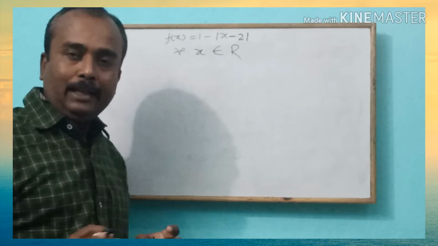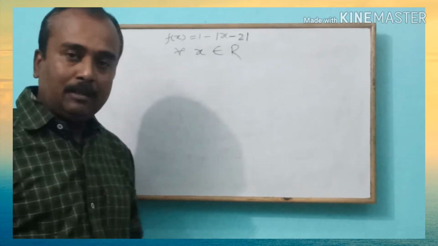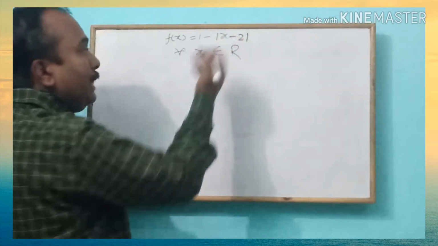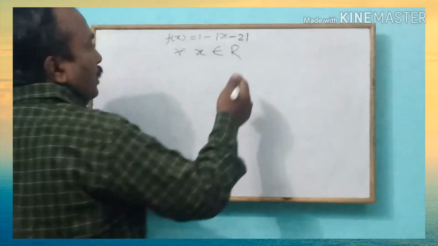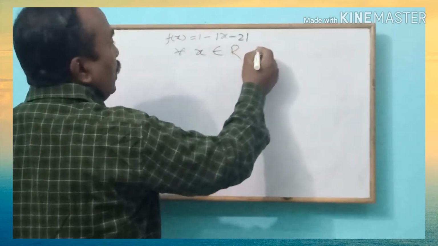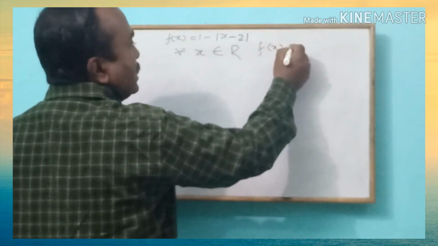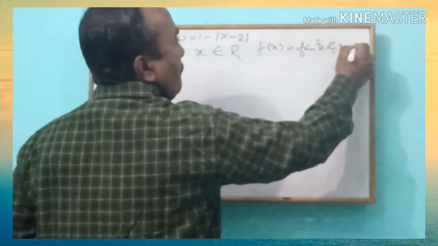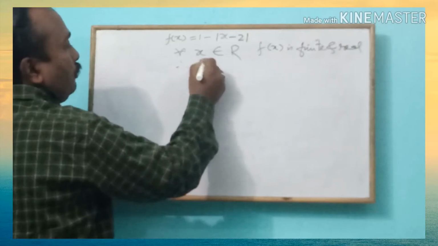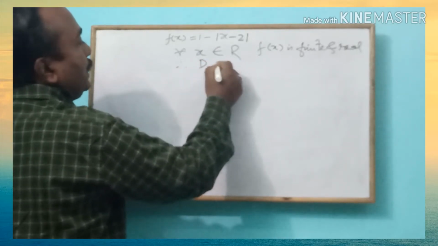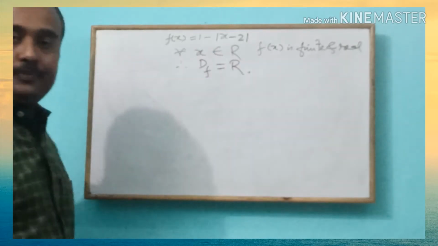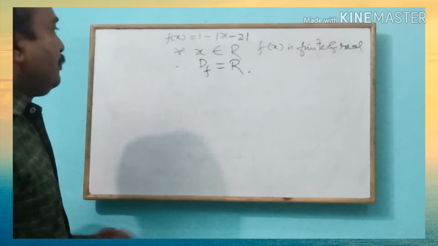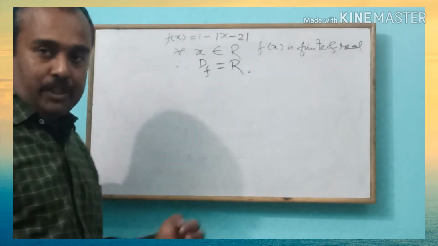There is no chance of getting any complex number, or any infinite number. For all values of x belonging to R, f(x) is finite and real. Therefore, the domain of the function is very simple, that is all real numbers. Clear? Now, what is the range?